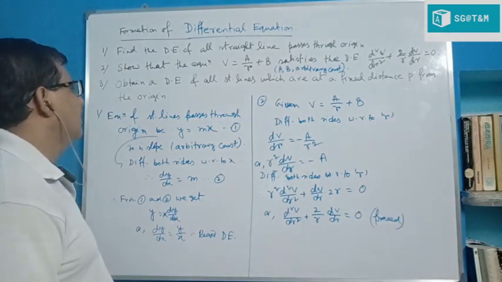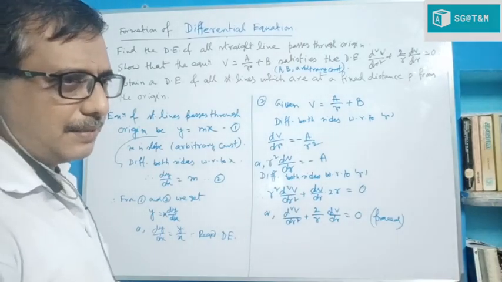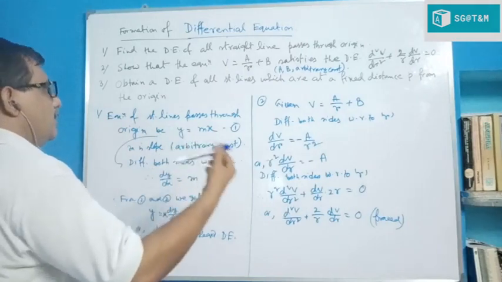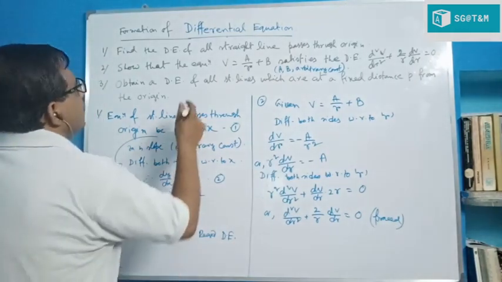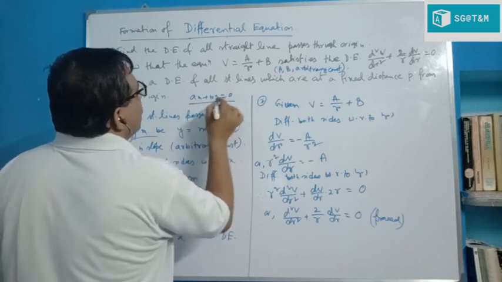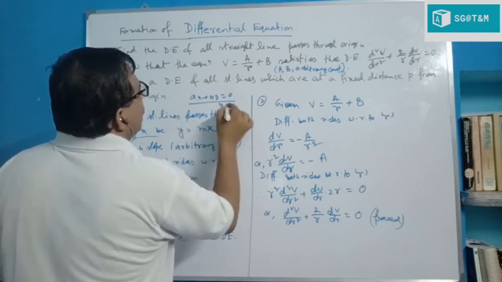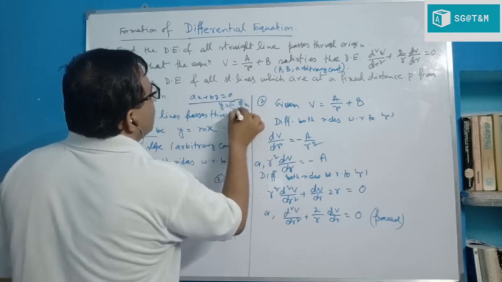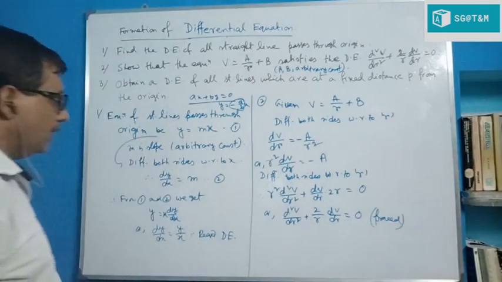We take the slope form; the intercept is 0 since it passes through the origin. So instead of m, this is minus a/b.